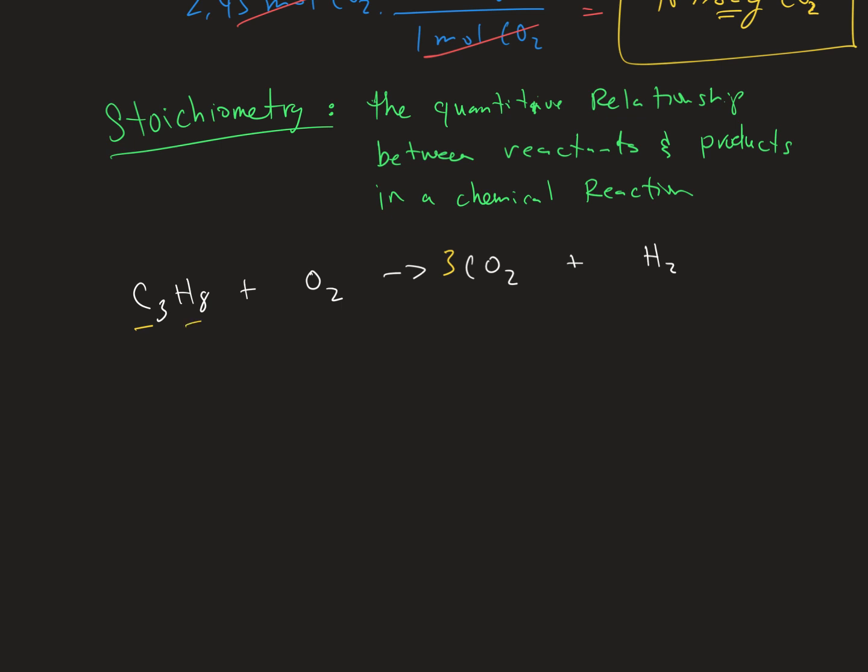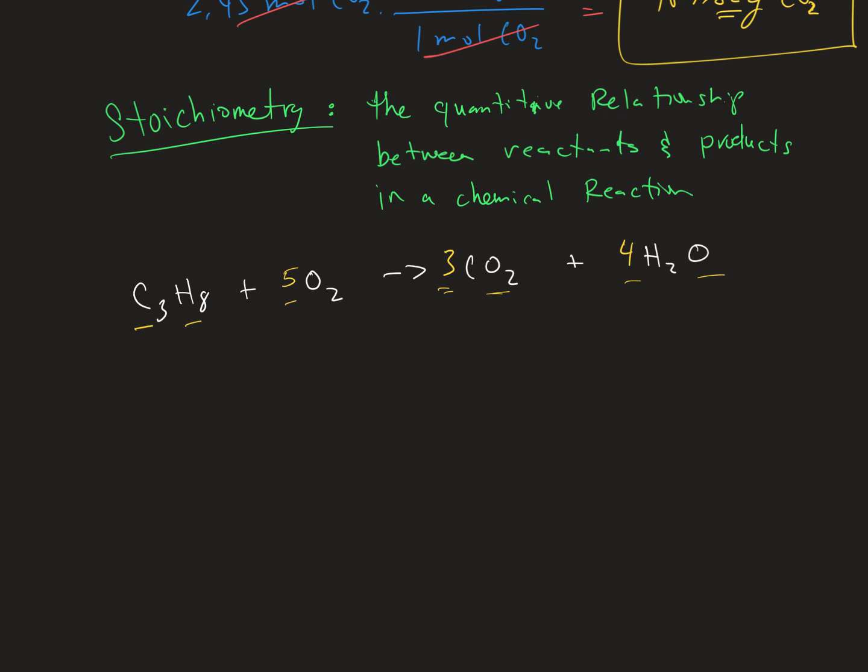Put a 4 right there, so we have 8 hydrogens. Now let's count the oxygens. This is supposed to be an O. There we go. We have 6 oxygens plus 4 oxygens. That's 10 oxygens on the right. What number goes there? 5. Good?